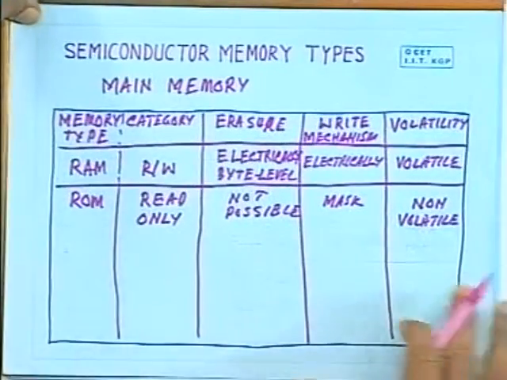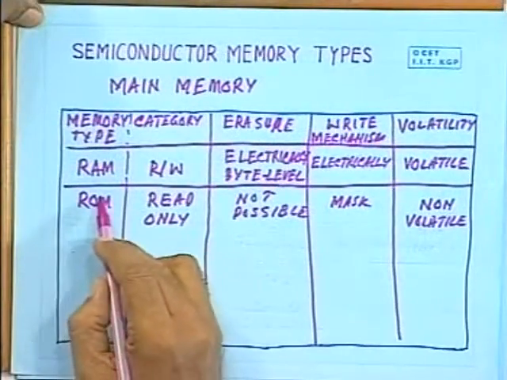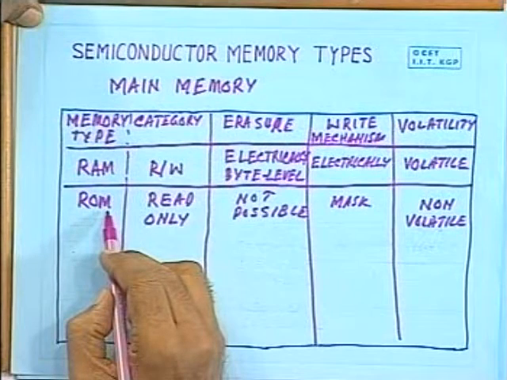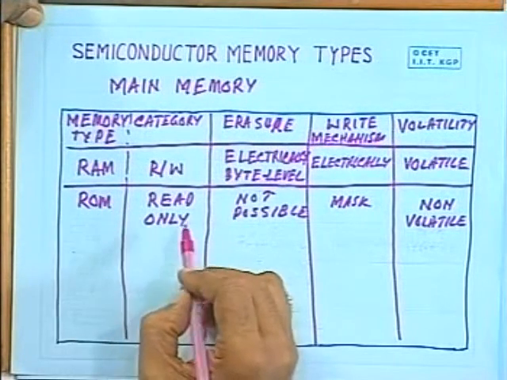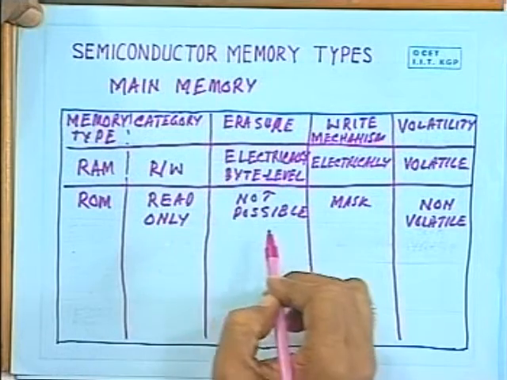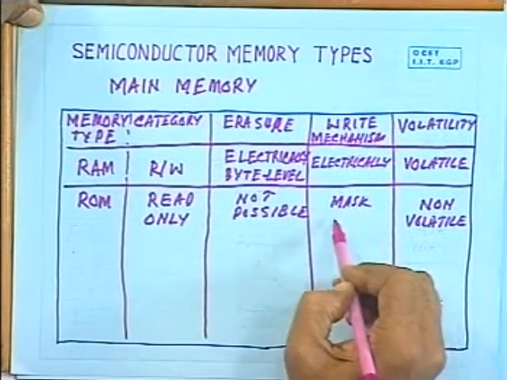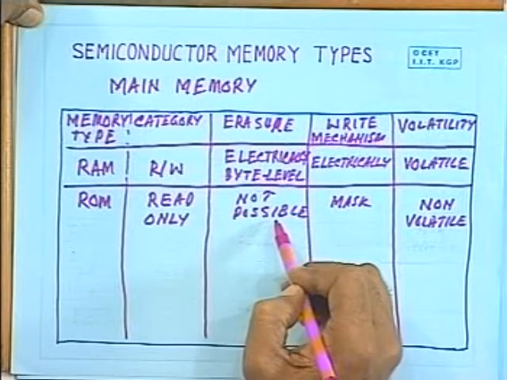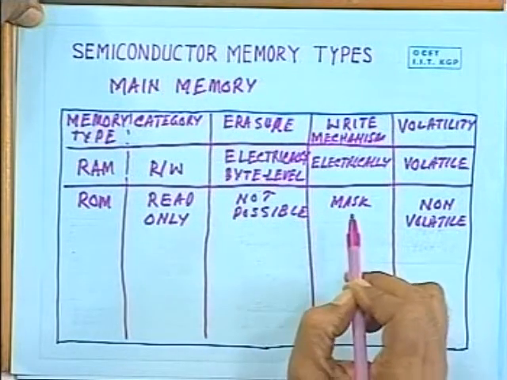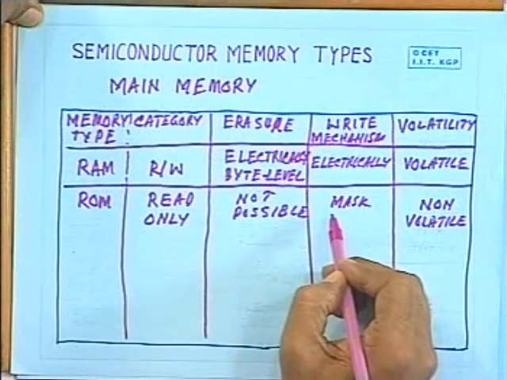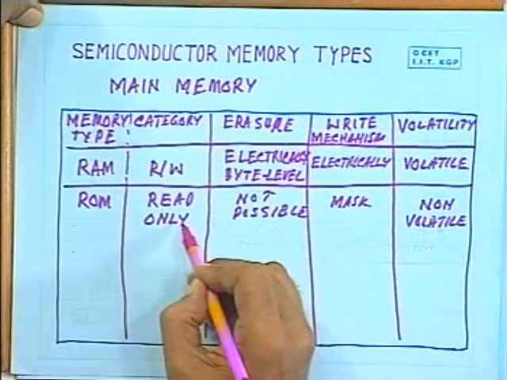So as its name suggests, once some program is stored in ROM, it cannot be modified, because the programming has been done only once. You can only read and execute.